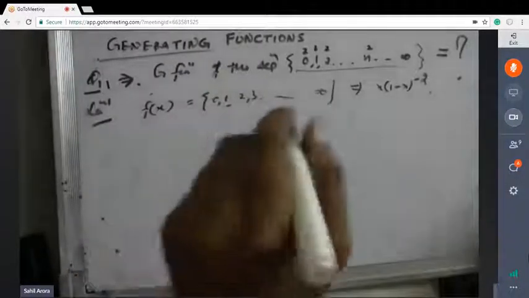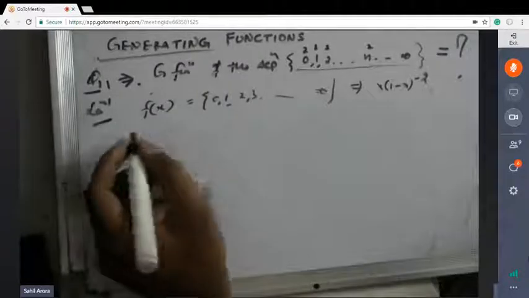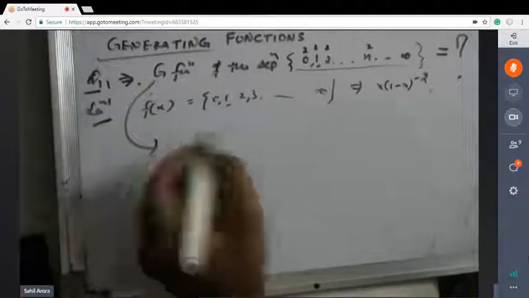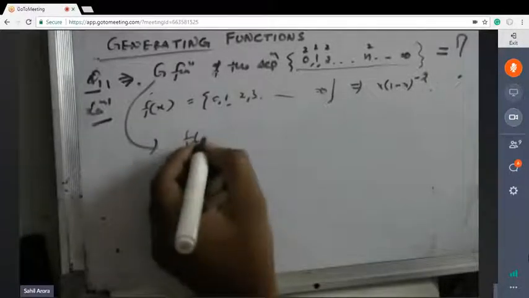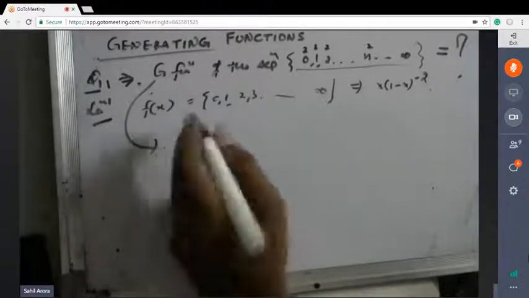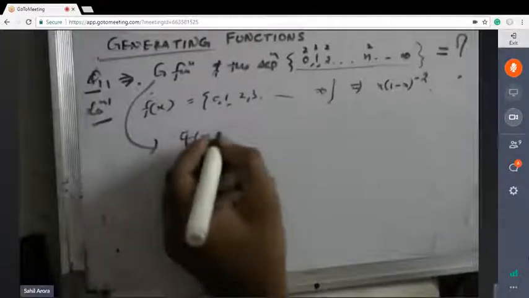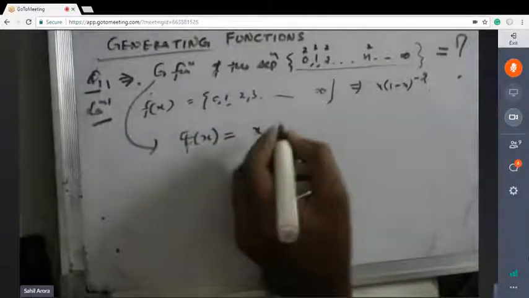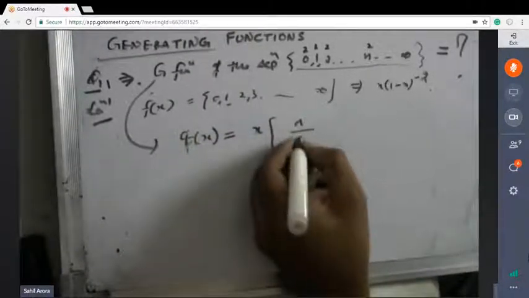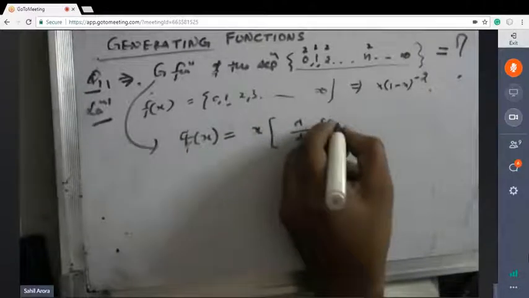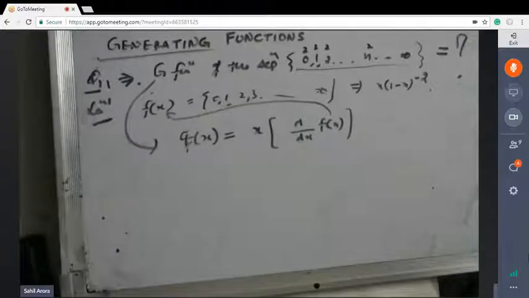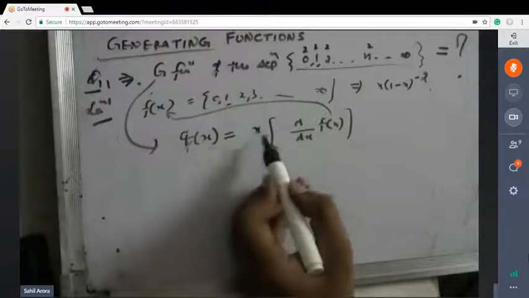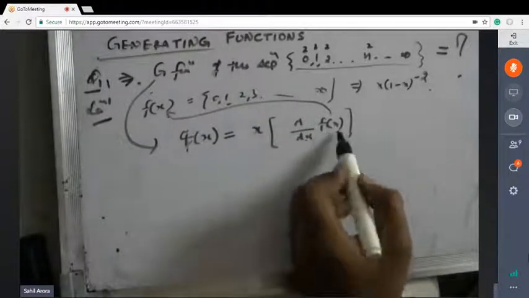The basic approach for finding the generating function from this is the recursion part, right? Let's say the generating function for this is g of x. Then it would be x multiplied by the differentiation of f of x, where f of x is the generating function of the previous one. So g of x is equal to x multiplied by d upon dx of f of x.